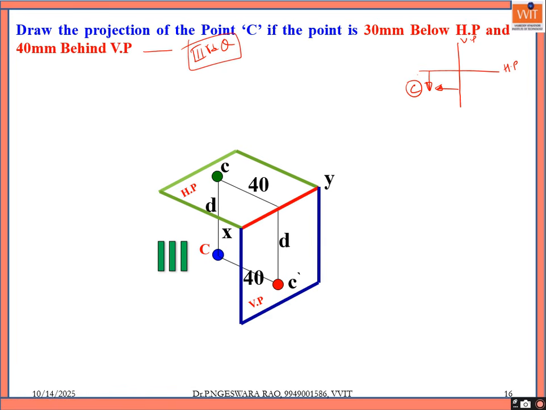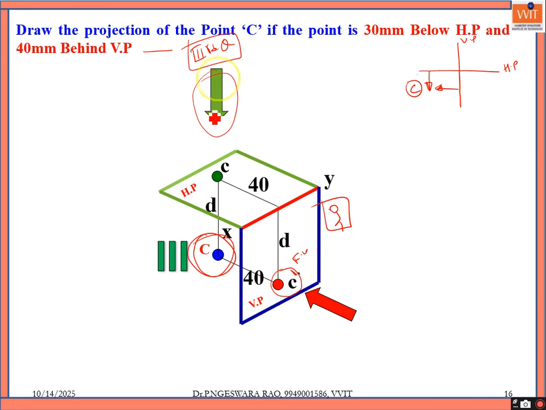Again, the observer will always be here itself. When you look in the front view, even though the object is here, because it is a transparent plane, you will get the image here. The front view image, that is c dash. Whereas when you look from the top side, the top view, when the object is here, we will get the image here on the horizontal plane, that is the top view.